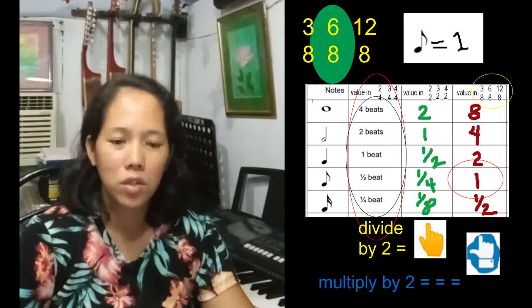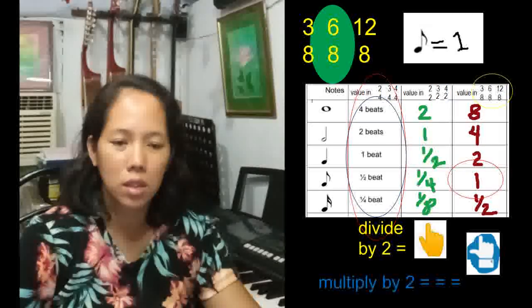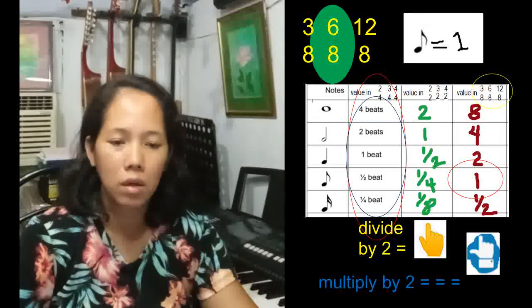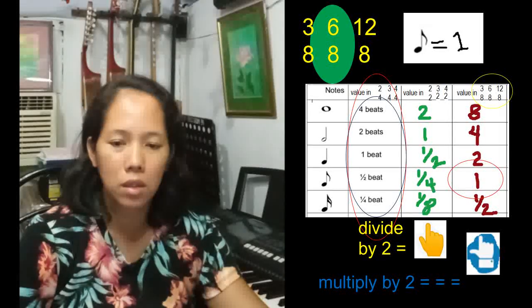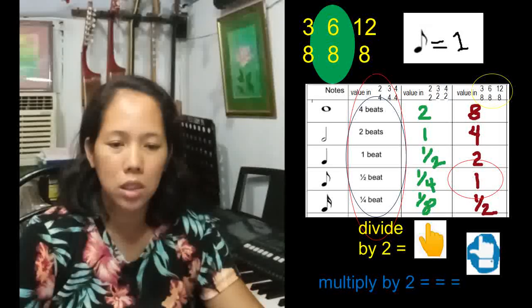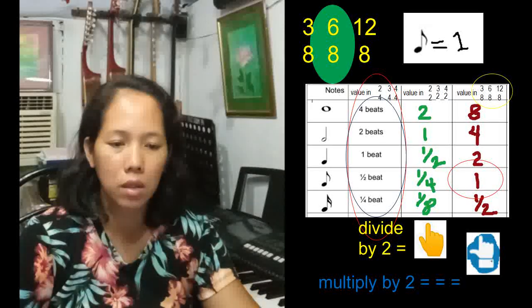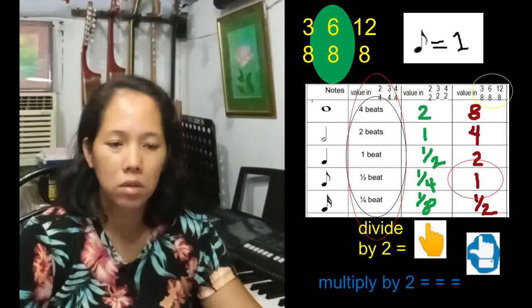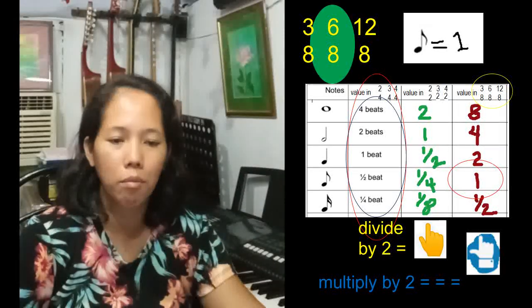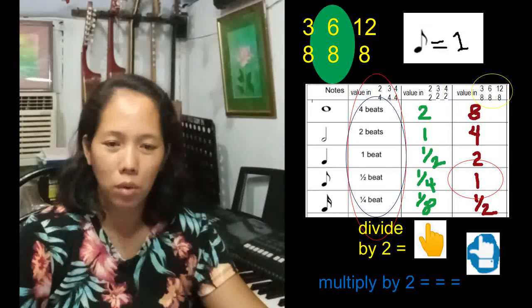Because it's from 1/2, it became 1. So, let us have another code here to remember that the secret is we just take these values and multiply them by 2. Okay, so that this becomes 8.